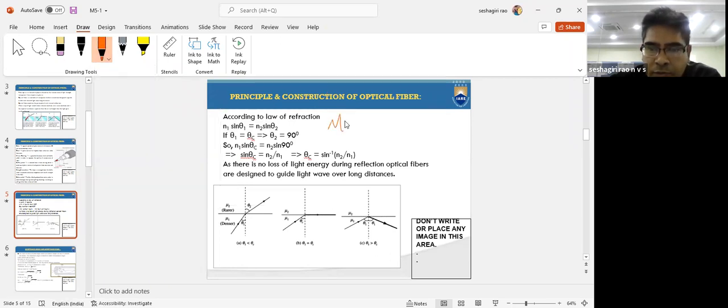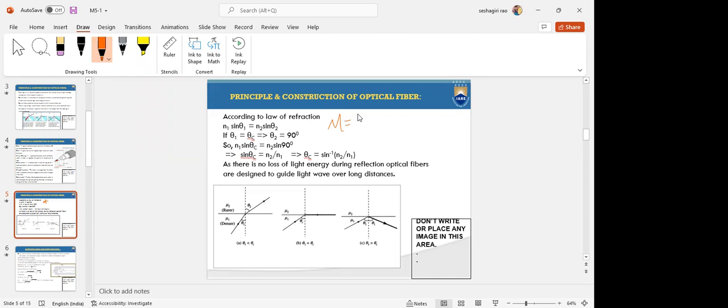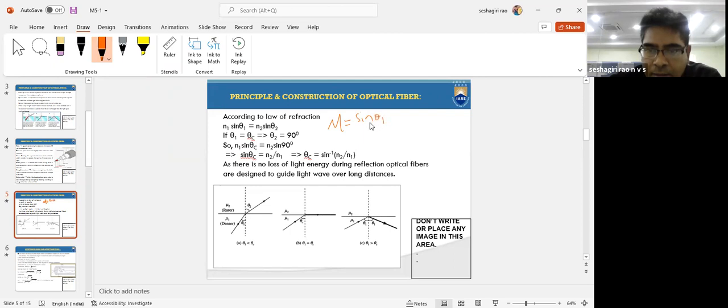Yes. So mu equals sin theta 1 by sin theta 2. So this is mu, and this is n2 by n1. This refractive index mu is nothing but the ratio of the velocity of light in one medium to that in another, which we can write as n2 by n1.